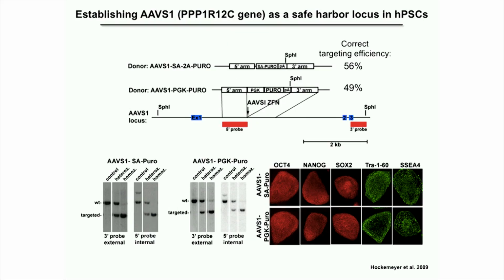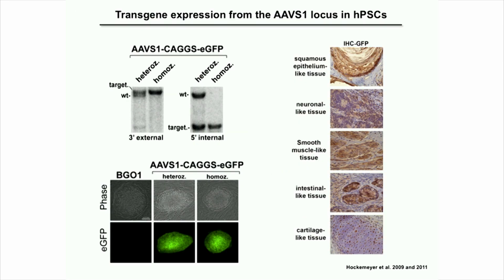After this puromycin integration experiment, we decided that puromycin is not a helpful transgene. We decided to check for the integration of a GFP into the AAVS1 locus. To do that, we extended this targeting strategy, having now a GFP expressed from an external promoter, in this case a CAG promoter, which is a very strong promoter in stem cells.